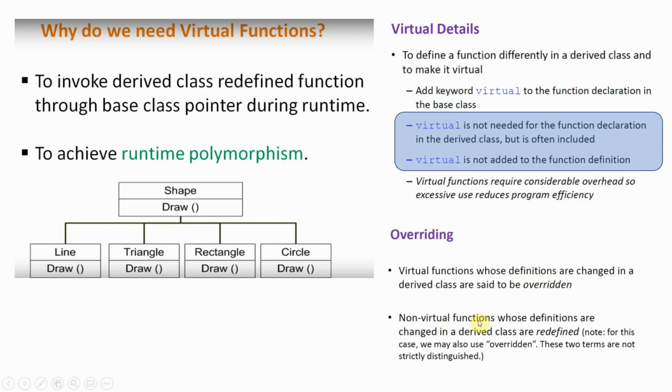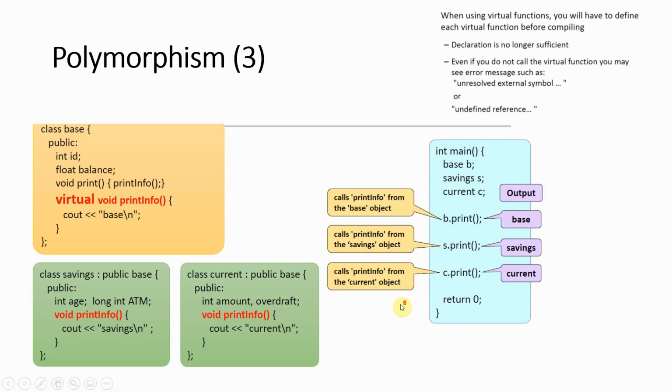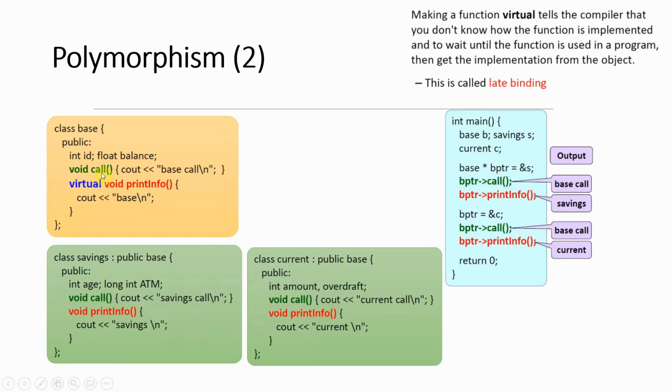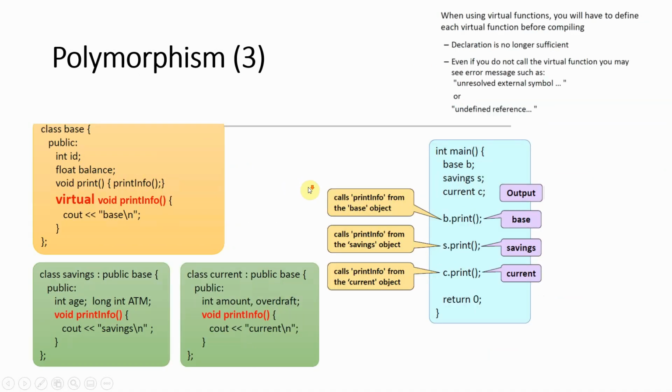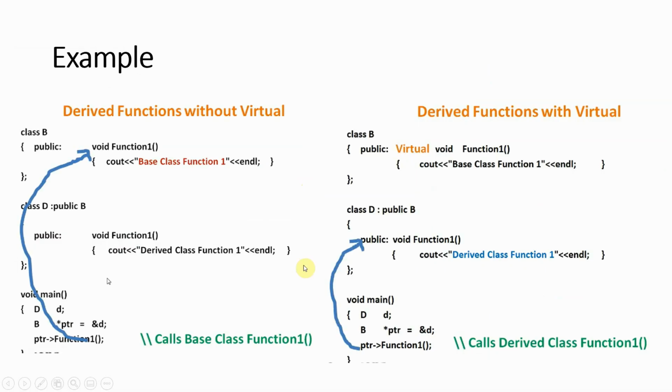Non-virtual functions whose definitions are changed in a derived class are redefined. Overridden and redefined are technical terms that are used. So here we say that call has been redefined, but print info has been overridden.